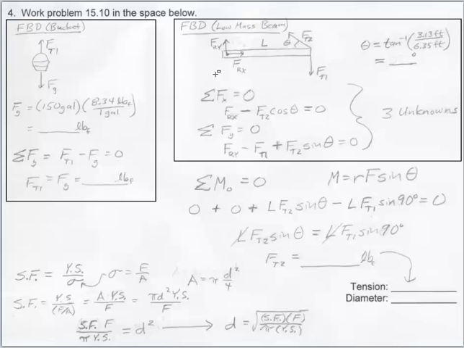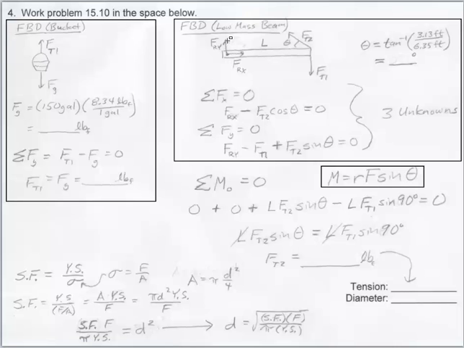So what we can do is sum the moments about this point right here, the origin. That's the point of rotation for the beam. I'm calling that M sub O, so I'm calling this my origin. The thing about picking this point is that the moments due to F_Ry and F_Rx end up being 0. The way you calculate moments is you take the lever arm times the force times the sine of the angle between them.